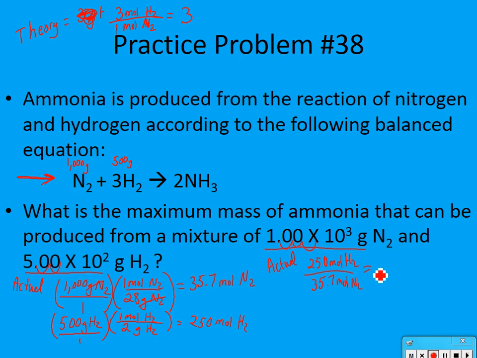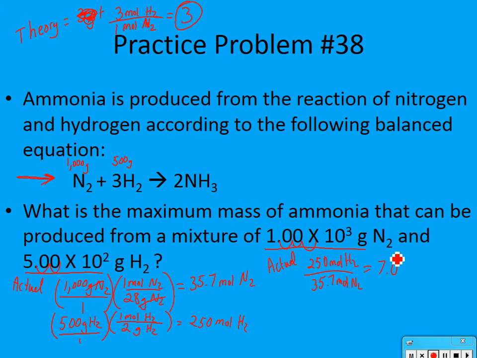So 250 divided by 35.7. I'm getting 7.0. Now in theory, this mole ratio should be 3. But when we use our actual amounts, this mole ratio is now 7. It's too big.